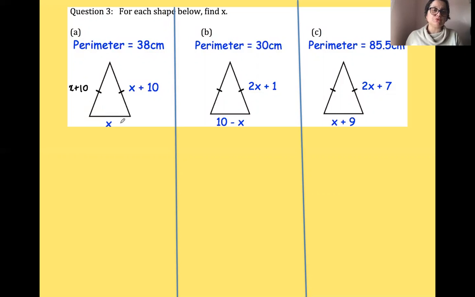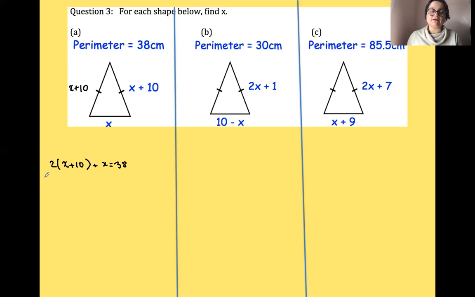To find x, you need to add all the sides and set it equal to 38, because the perimeter is the addition of all the lengths of the sides. We have two sides the same, so 2 multiplied by x plus 10, and then plus x equals 38.